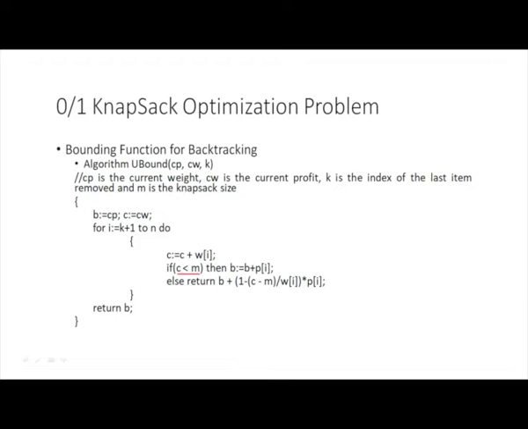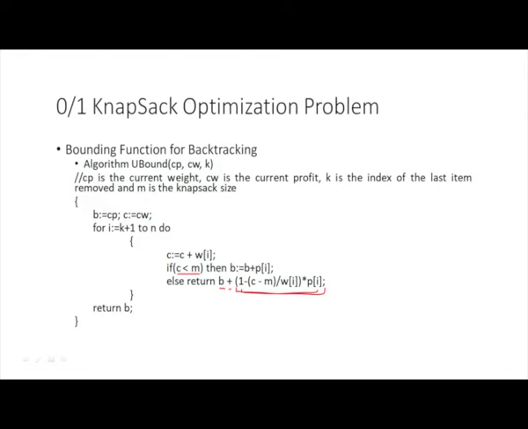If the total weight by adding this item is equal to or greater than the capacity of the knapsack, then we will return the last weight plus the fraction of the weight that can be taken for this current item i. So this basically computes the fraction of the weight that can be taken for the current item i. It will give a value between 0 and 1.